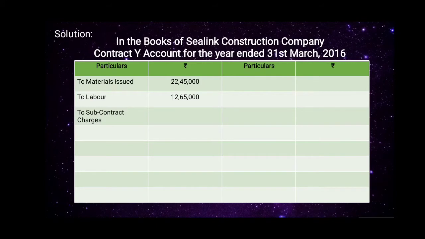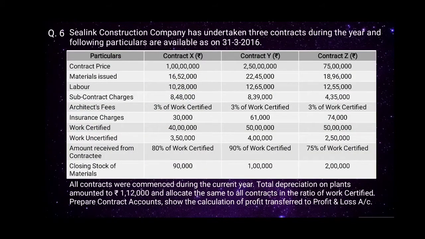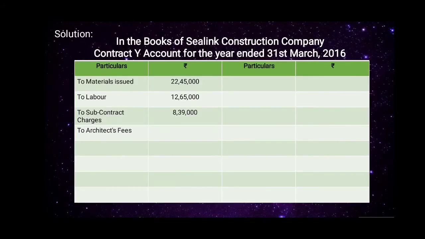To subcontract charges, amount is 8,39,000. Next is architect's fees. For contract Y, it is 3% of work certified. So work certified amount is 50 lakhs for contract Y. So 3% of 50 lakhs, which will be rupees 1,50,000.